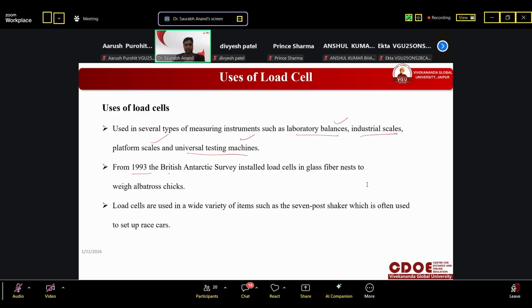In 1993, the British Antarctic Survey installed a load cell in a glass fiber nest to weigh albatross chicks. A chick means a bird, and they wanted to weigh that bird. This bird has large wings, around 6 to 8 feet, so they used the load cell for that purpose.